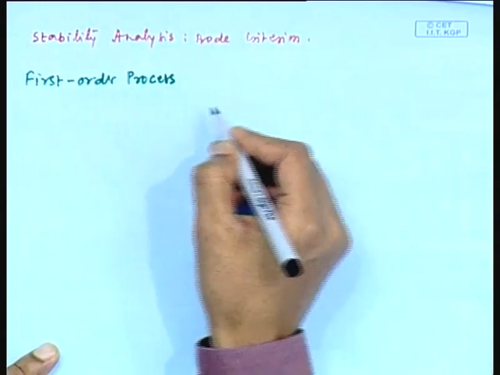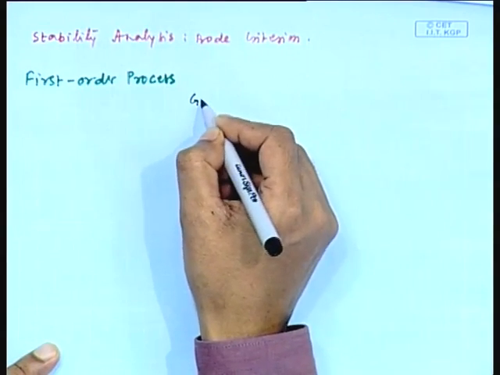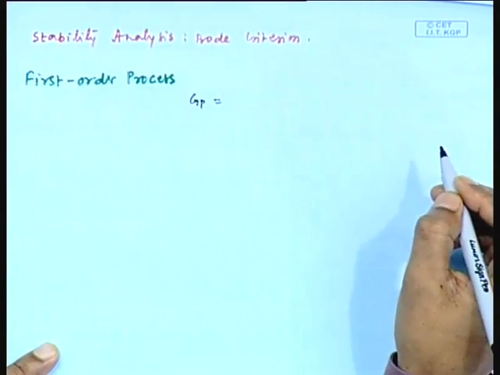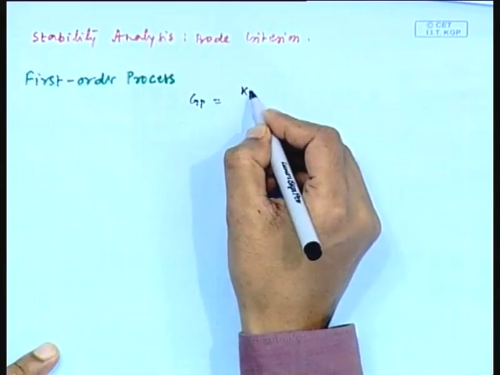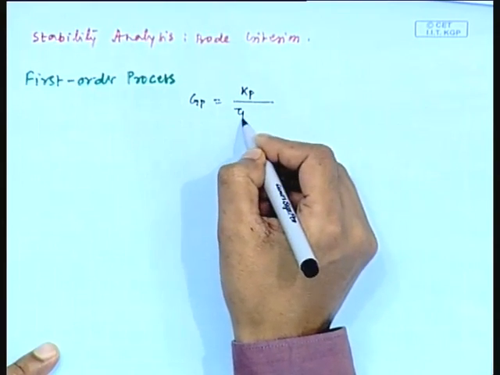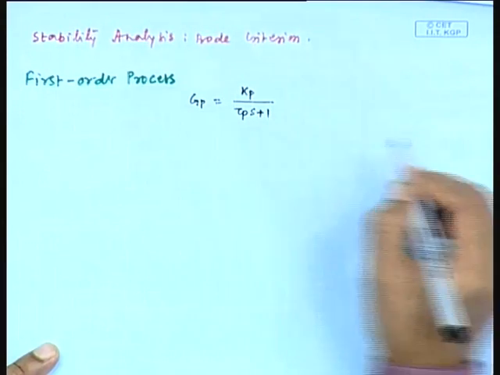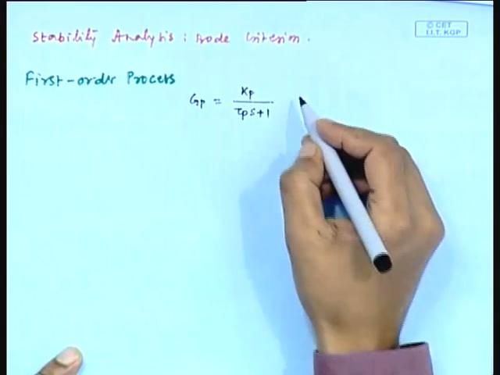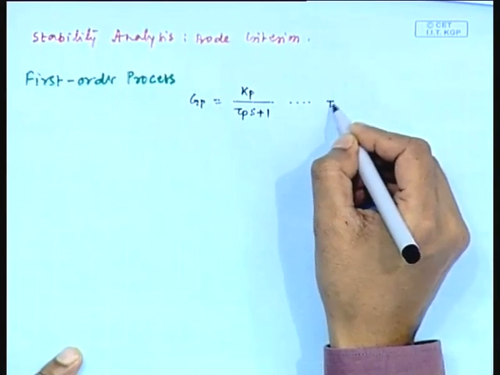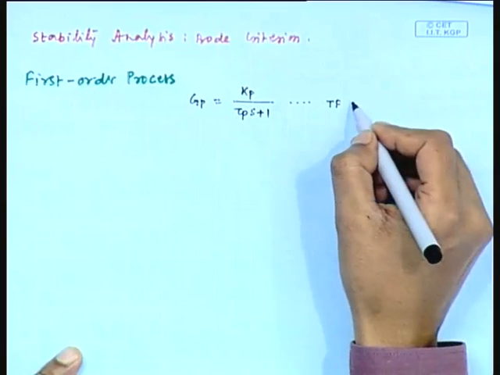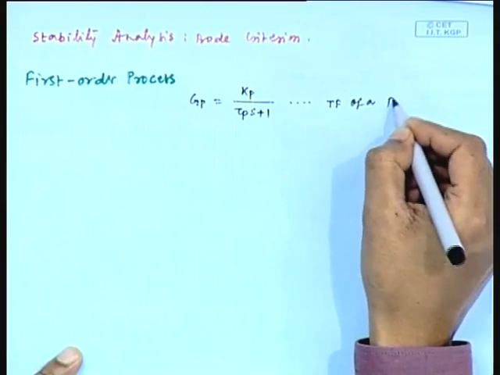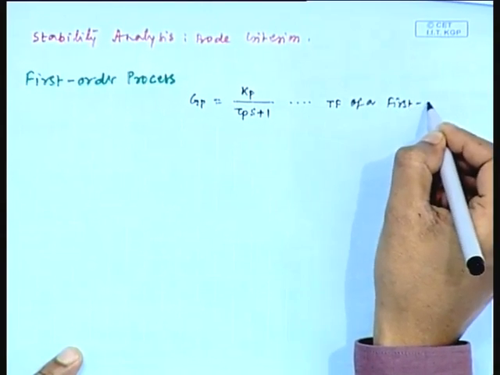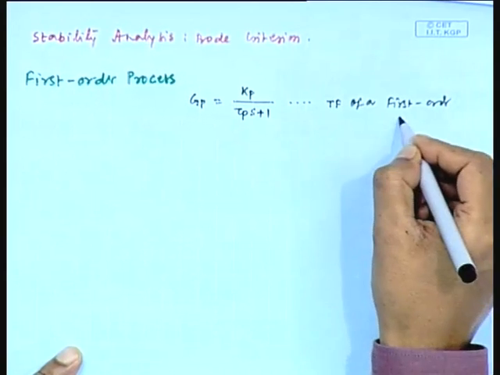For a first order process, we can consider the transfer function as Kp divided by tau Ps plus 1. This is the transfer function of a first order system.